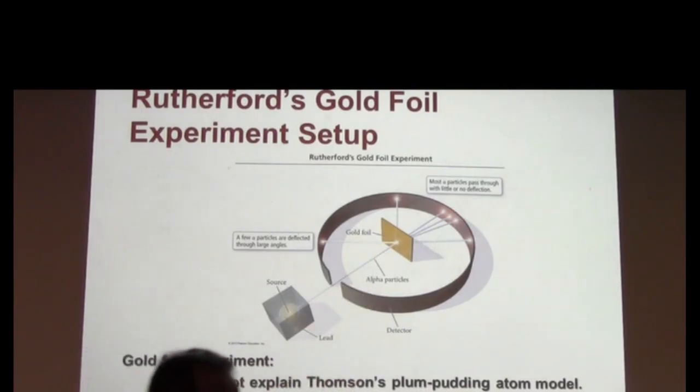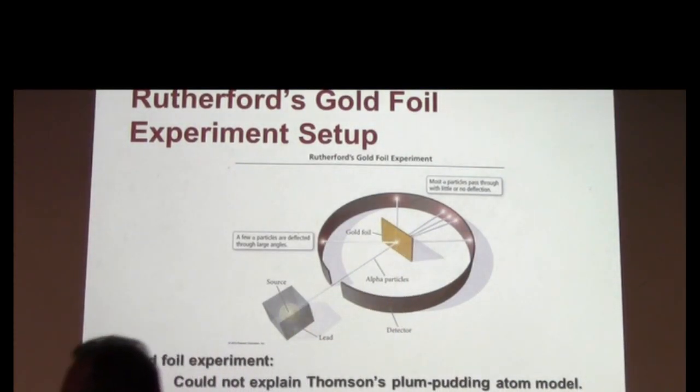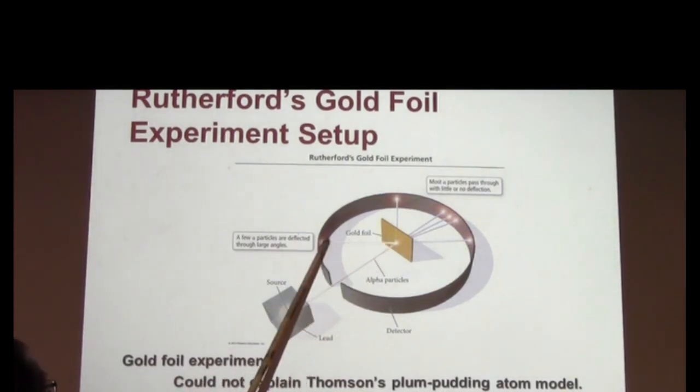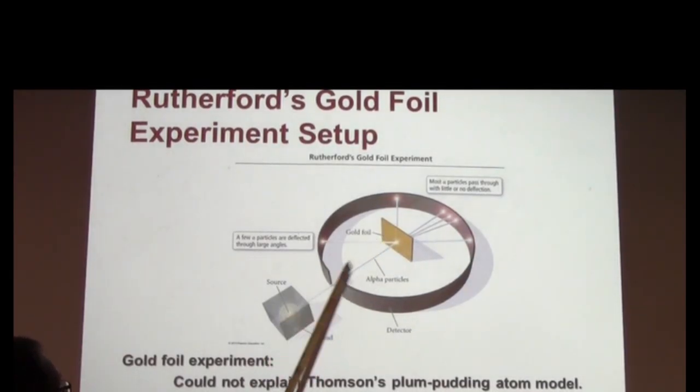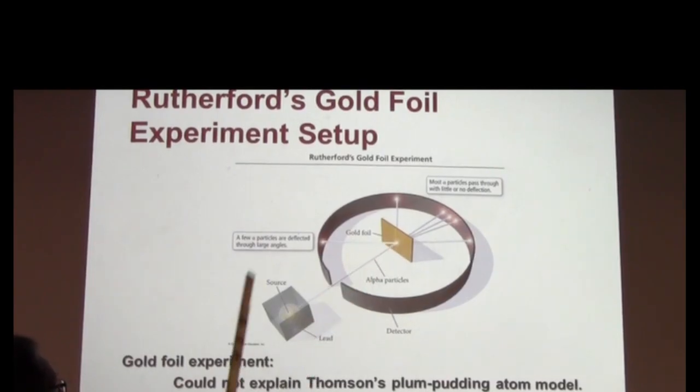If the positive charge is smeared all over the atoms, the particles should go through like a bullet going through paper, because there shouldn't be any repulsion. But what he observed was that some of them came directly back towards the source.